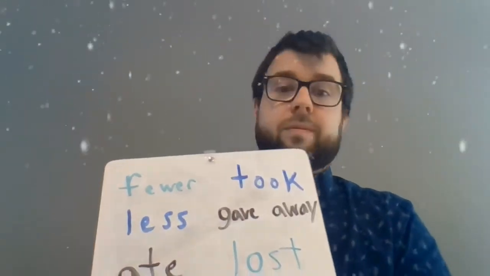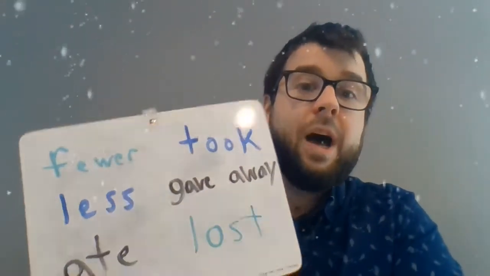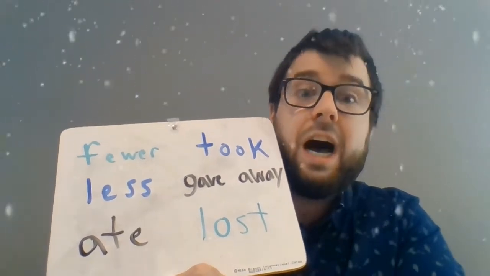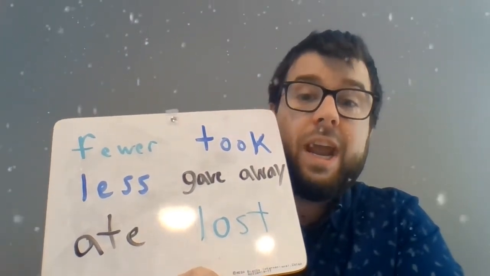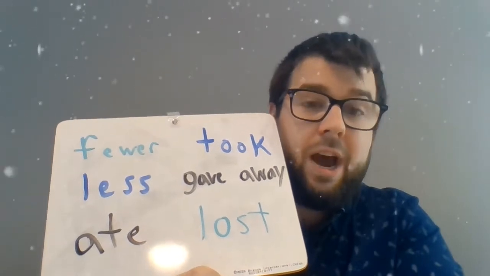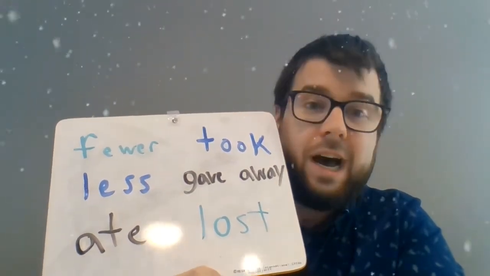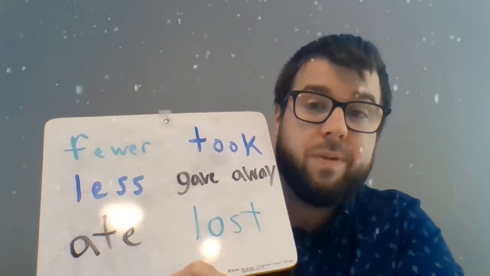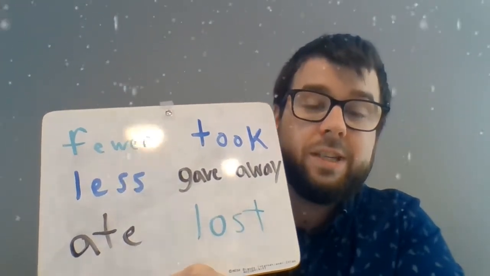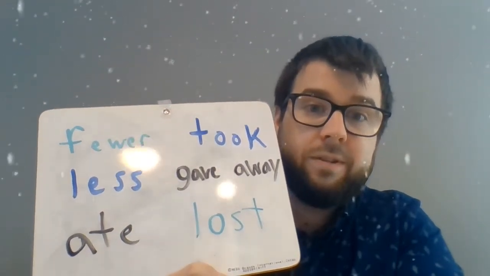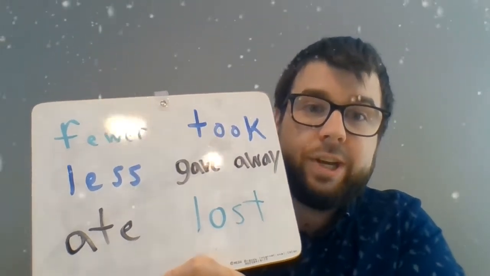Let's try another one. I have 10 strawberries. I eat 8 of them. How many strawberries do I have left? So what's the word that's telling us that it's subtraction?